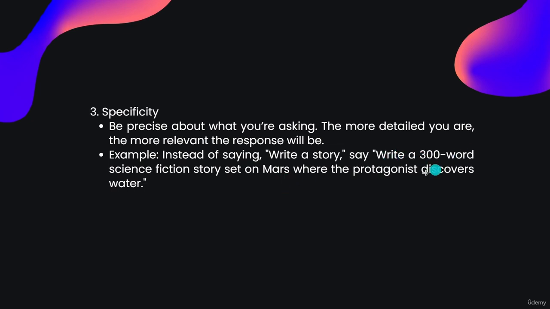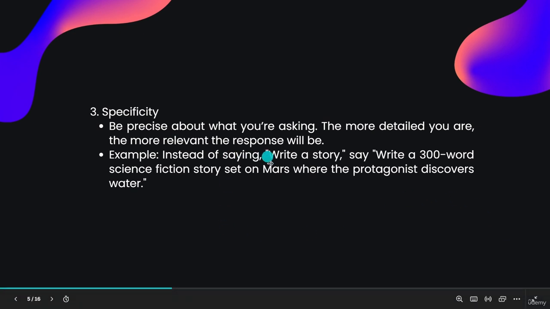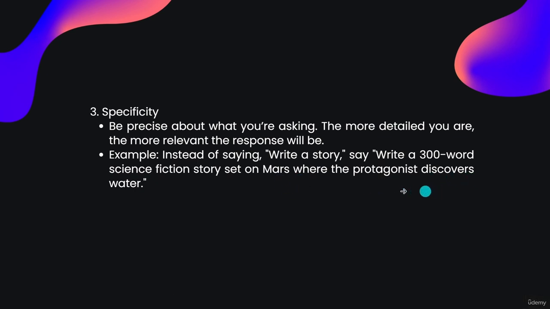You have given the 300-word science fiction story and described what story and which topic you want. So it is enough for the AI. The AI will think, okay, I need to generate this fiction story on Mars where the protagonist discovers water, so it will generate a specific story for your prompt. That's why specificity plays a major role in writing the prompt.